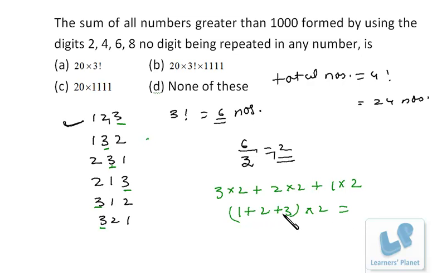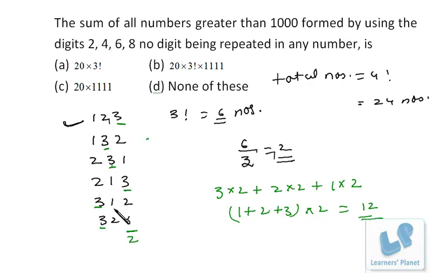That means 3 plus 2 plus 1 is 6, into 2, 12, right? So the addition at the units place will be 12. So I'll write 2 over here and 1 will be carried.